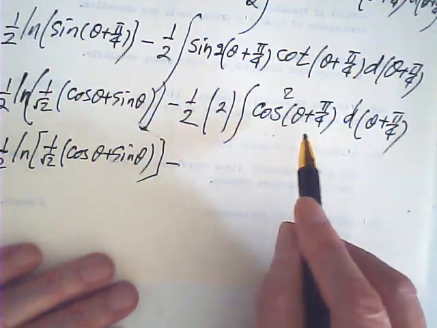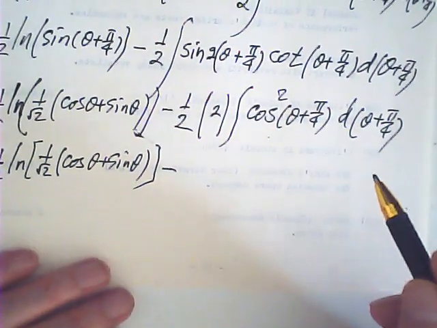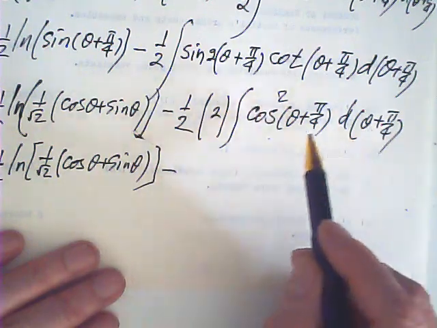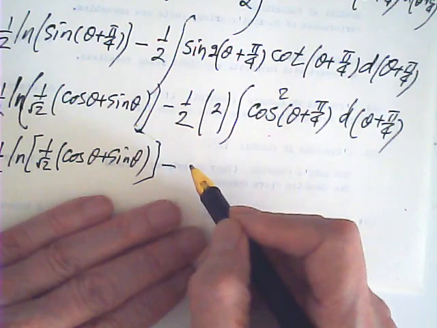This one is equal to what? This is equal to, this cancels out, right?